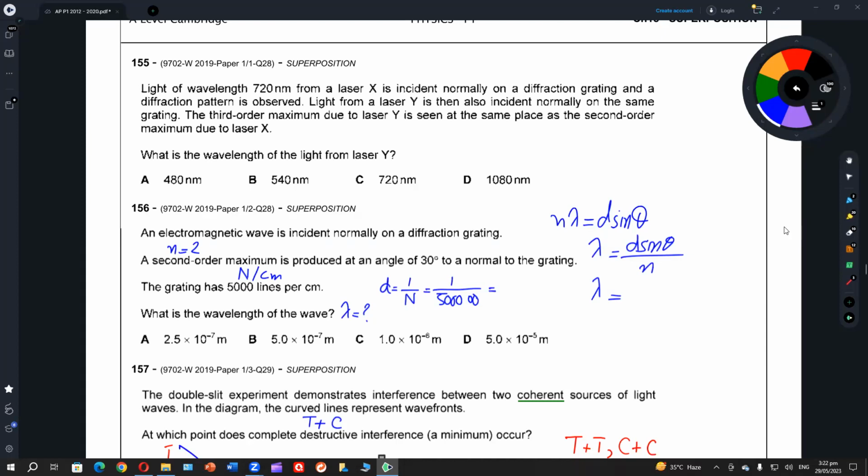It is coming as 2 into 10 power minus 6, the d. Not the lambda, the 2 into 10 power minus 6. The distance, I got it. d is the slit separation.